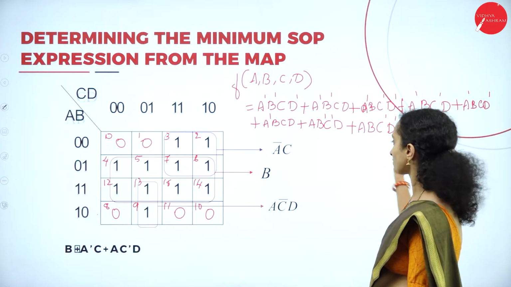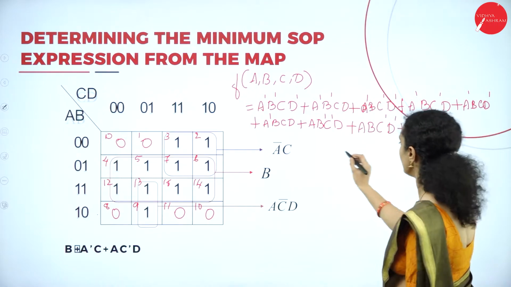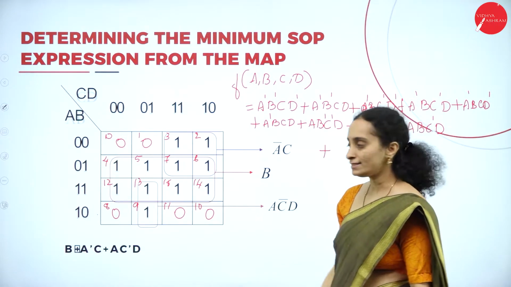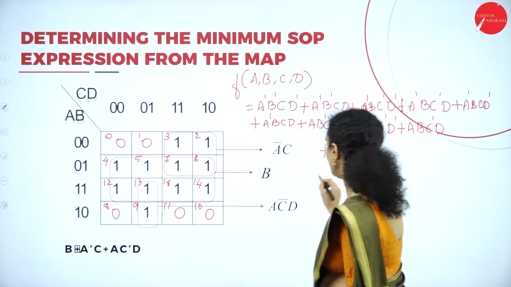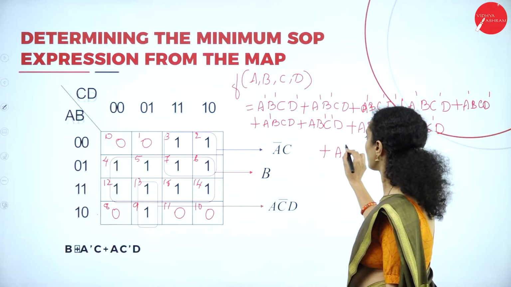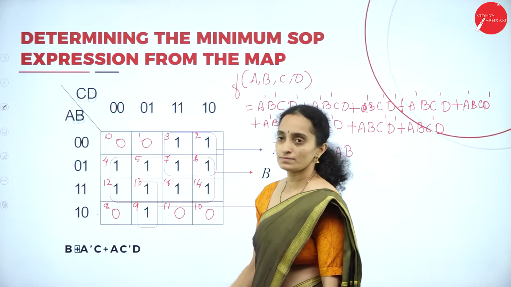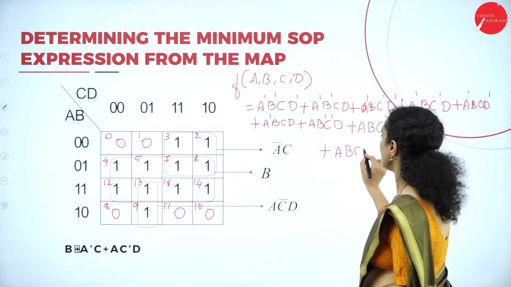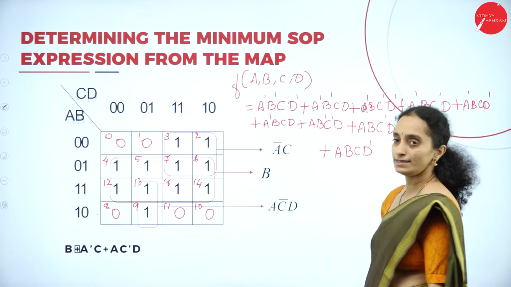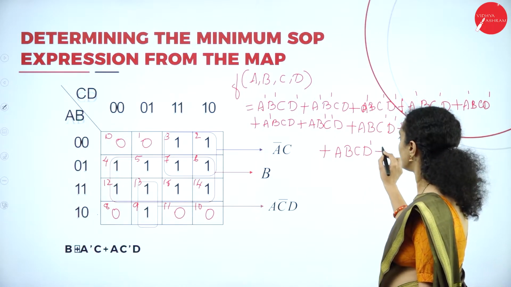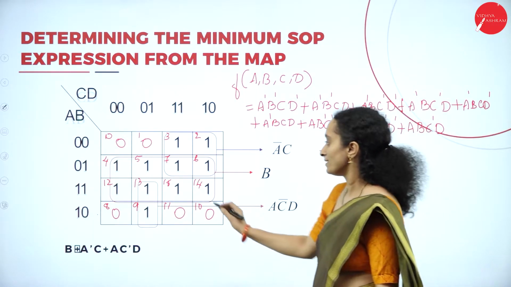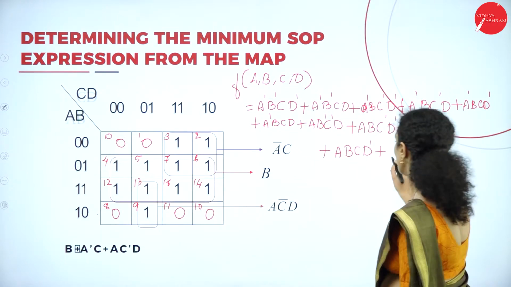Next we have the 14. 14 will be represented as a into b into c into d dash. Last expression is all 1.